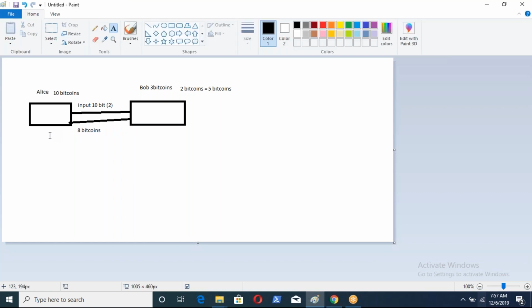Because of this type of transaction mechanism, there is no possibility of double spending and these kinds of things.